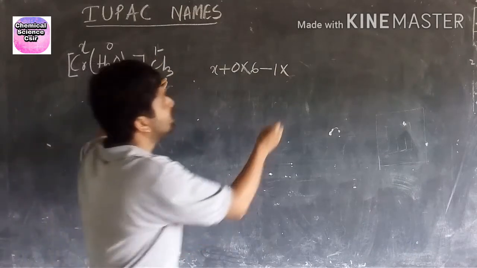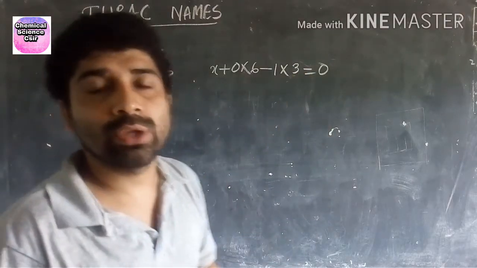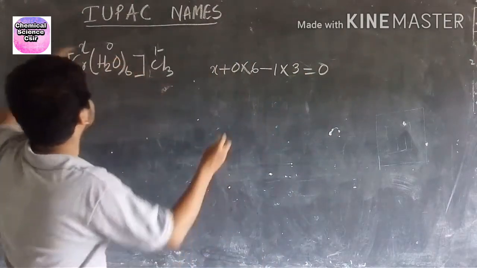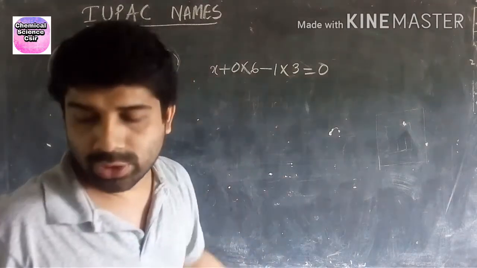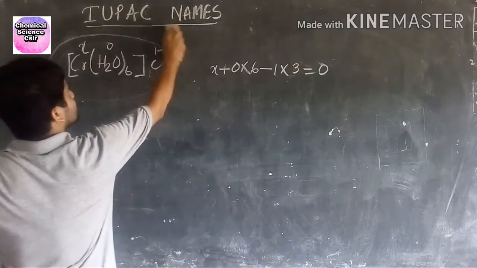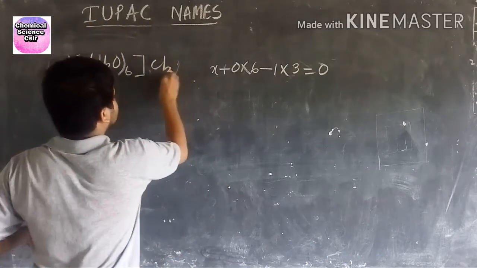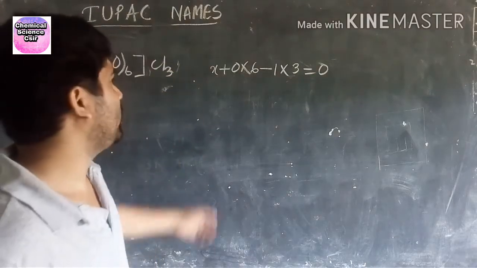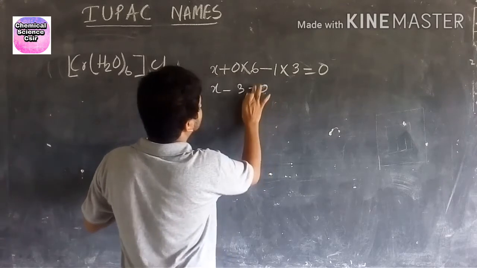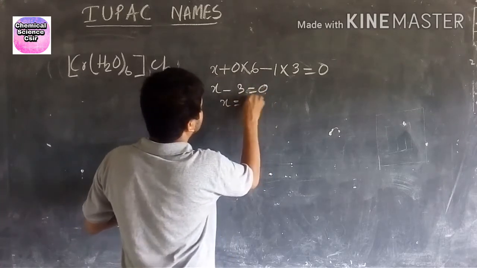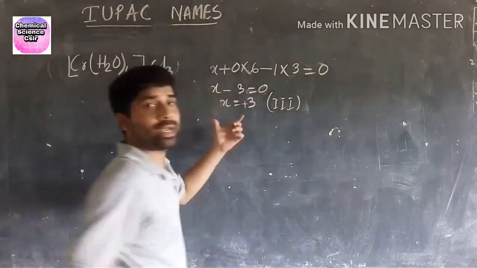How many? 3. And the algebraic sum is 0, because this whole coordination compound is neutral. So X minus 3 equals 0, then X equals 3, plus 3.